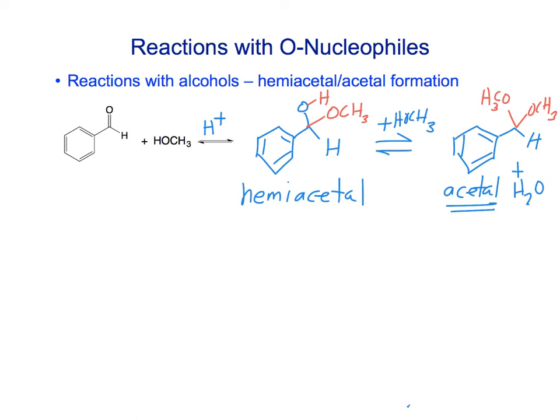All right? And then we're going to see how we can replace that to go all the way to the acetal. Okay, so there's going to be quite a few steps here, but again, what we want to break down is to notice where we're just doing acid-base chemistry. We want to keep in mind what we're trying to accomplish, right? So we can kind of know where we're at in the whole process.